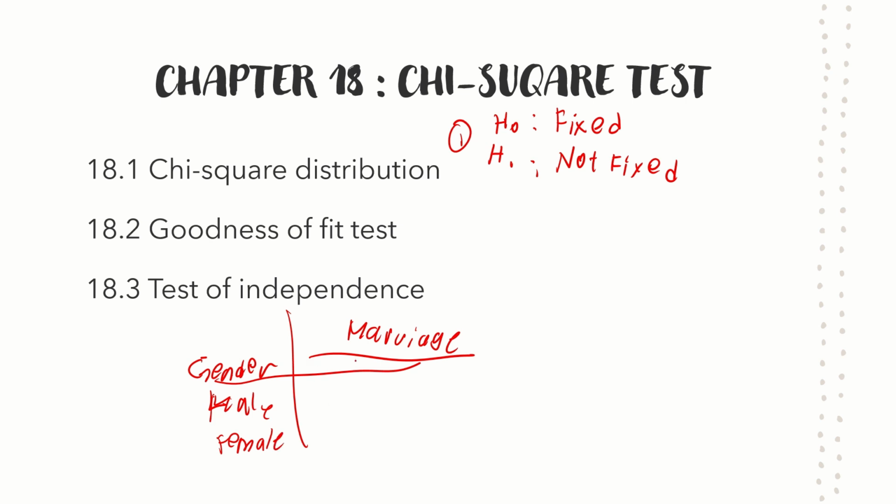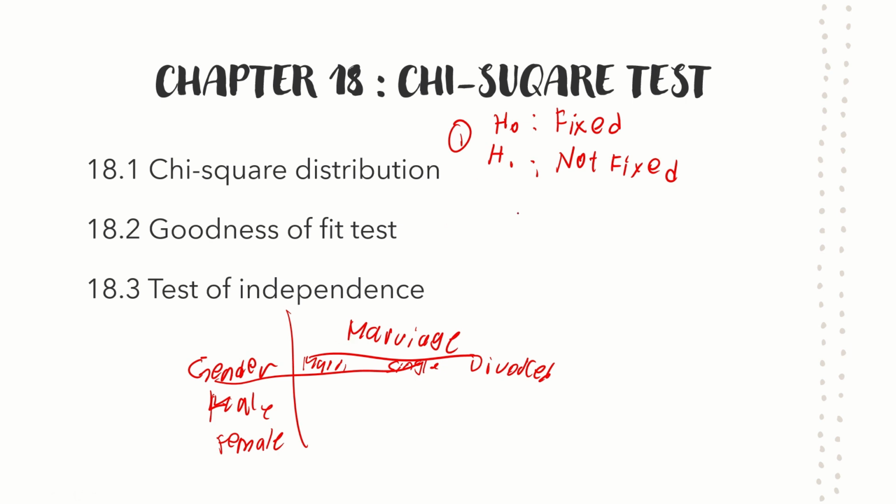Marriage has three conditions, maybe married, single, or divorced. The test will ask you whether gender and marriage are independent or not.